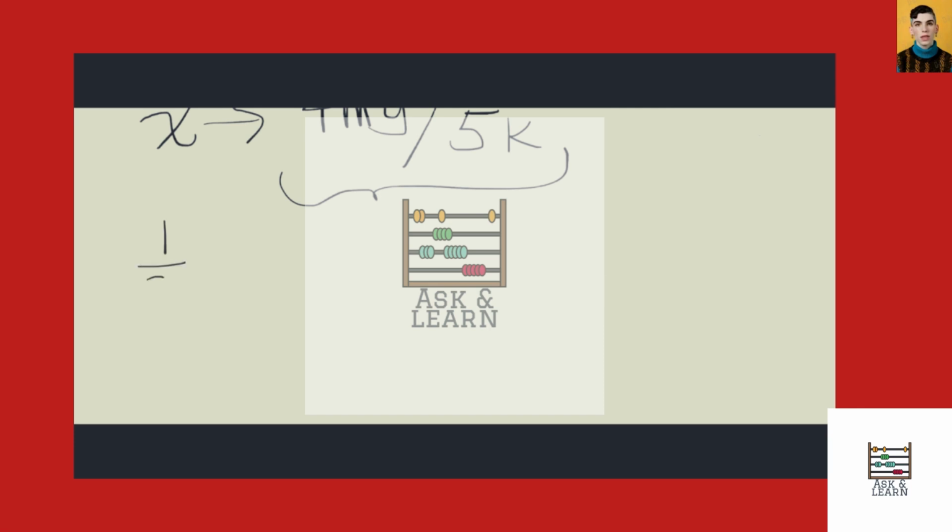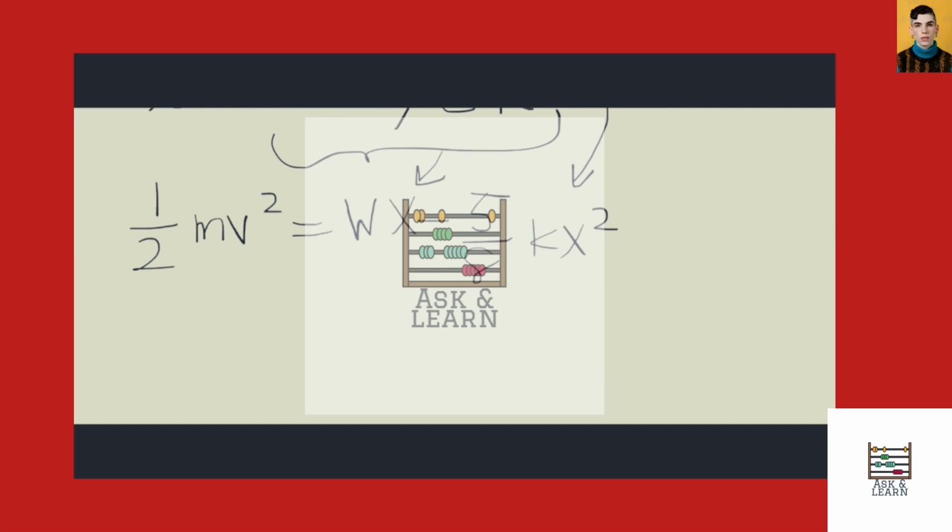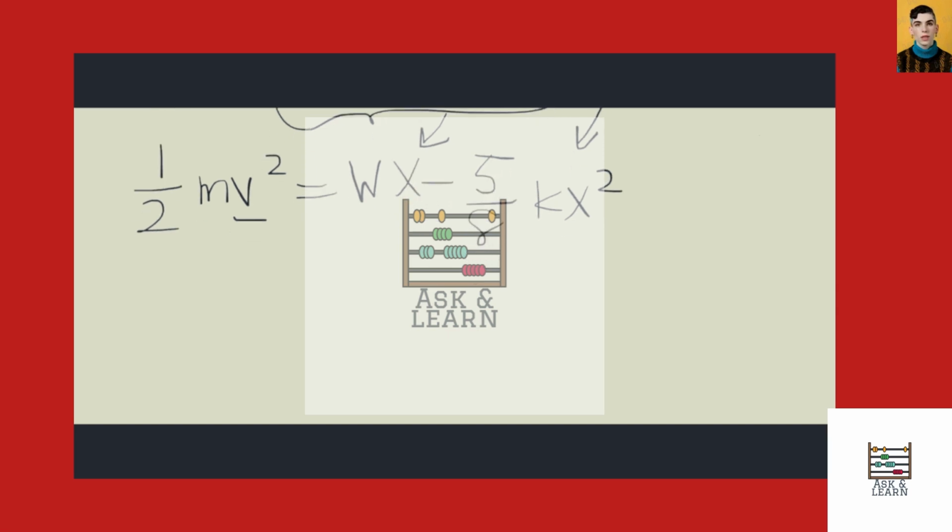Recalling our kinetic energy relation, we have 1/2 mv squared equals Wx minus 5/8 kx squared. Now if we plug in this x everywhere that we see x, we get a relation that we can solve for v. Plugging those values in, we solve for v max to be 0.62 meters per second. And that is our final answer.